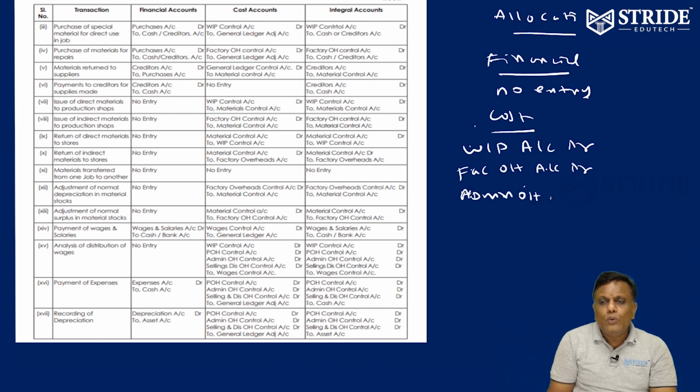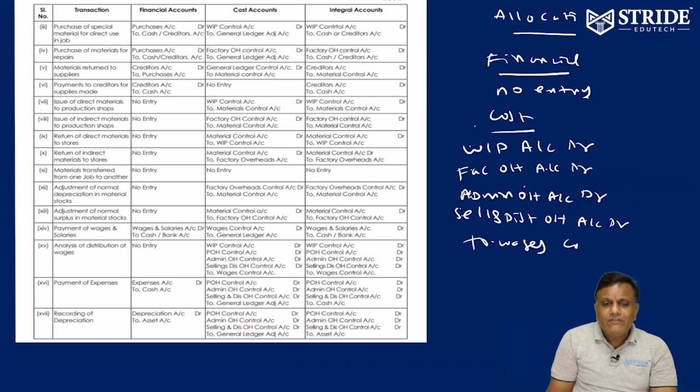So admin overhead control account debit. Another indirect wages, selling and distribution overheads, selling and distribution overhead control account debit to wages control account, right. This is indirect wages, direct wages WIP, indirect wages factory admin selling, it is transferred to wages control, right.